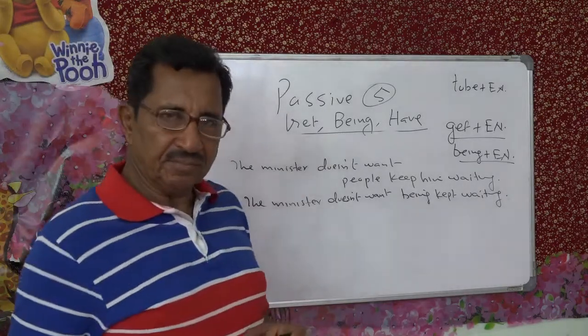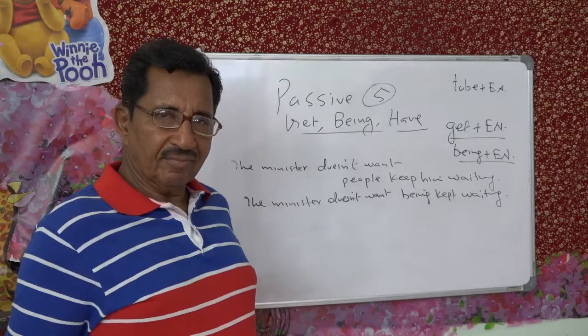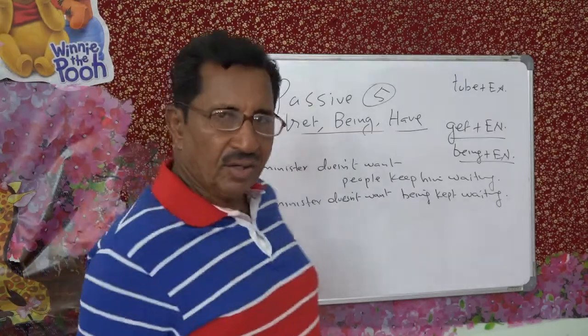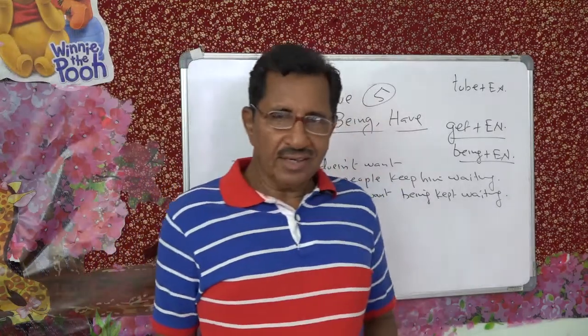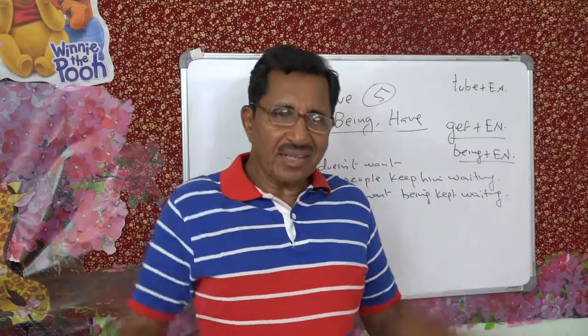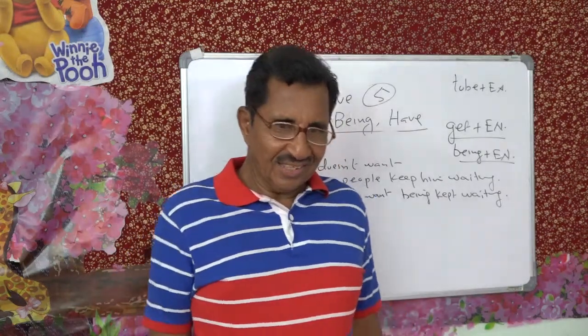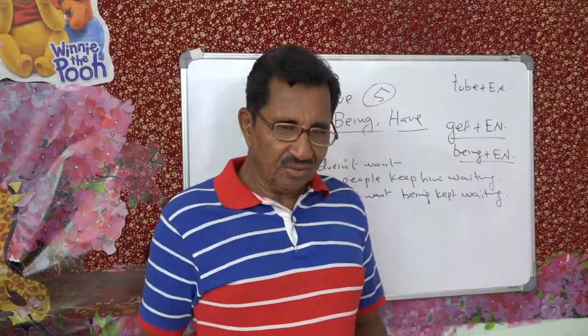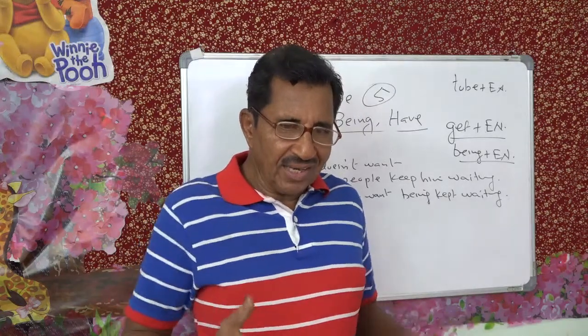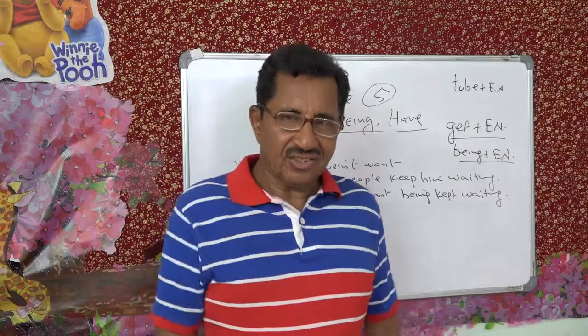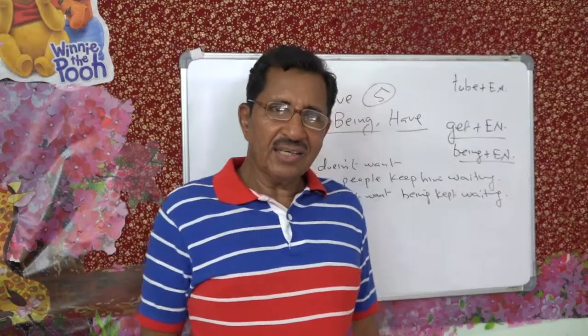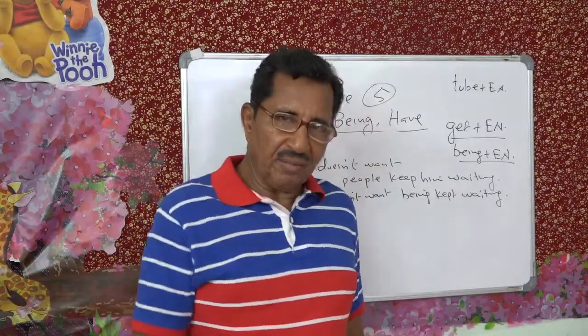Being kept, being loved. So that all the students in this class want being loved by their parents. No? Exactly. All the students in this class want being loved by your teachers. They want their teachers to love them.